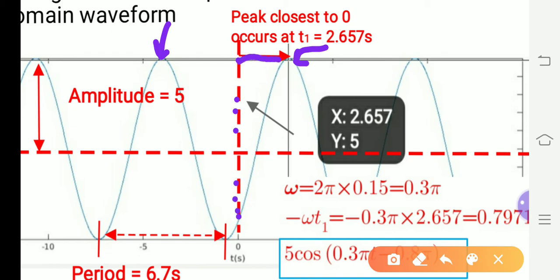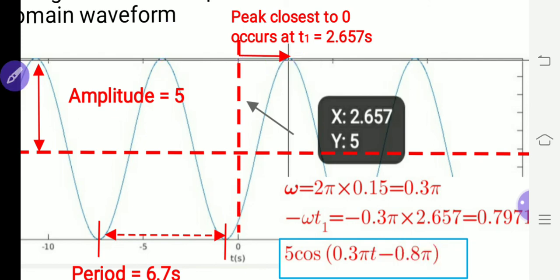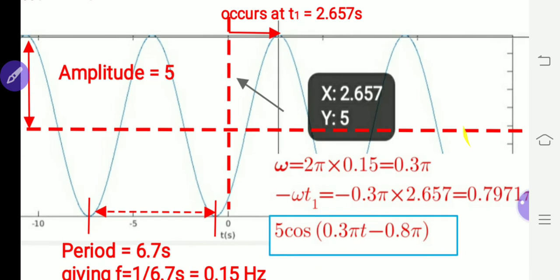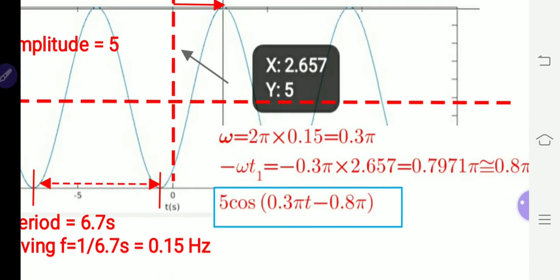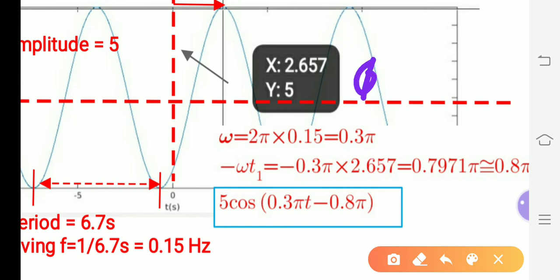This amount of time is the time that I will use to calculate phi. Using the cursor, I find that the time is 2.657 seconds. So I can substitute into the formula: phi is equal to negative omega t1.